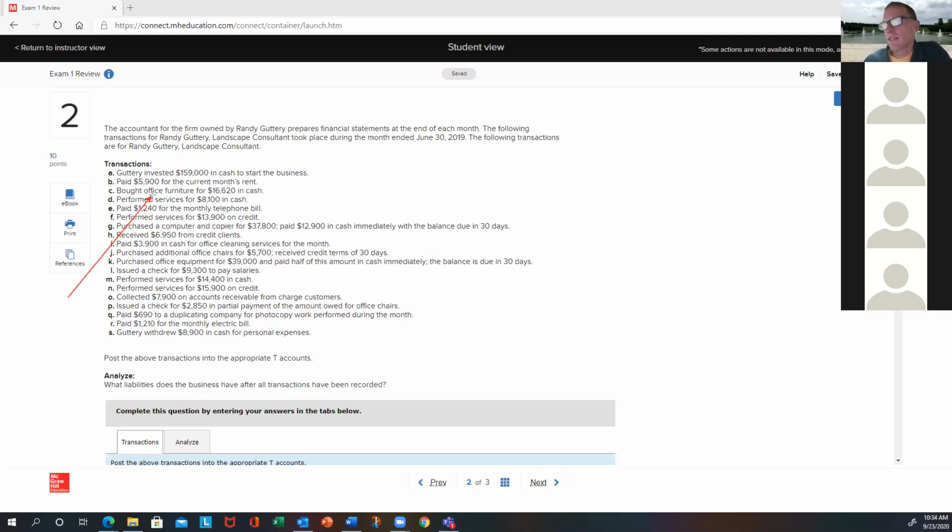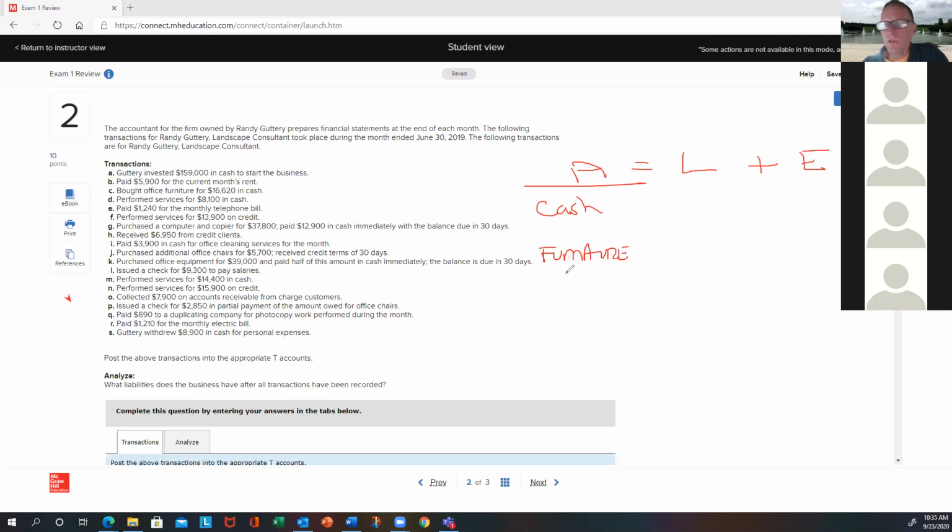That's the thing. You have to classify these. Once you get them properly classified, you just plug them in, ask yourself what's increasing and what's decreasing, and then apply the debit and credit rule. In this problem, all we have is assets: cash and furniture. One asset is increasing and one is decreasing.